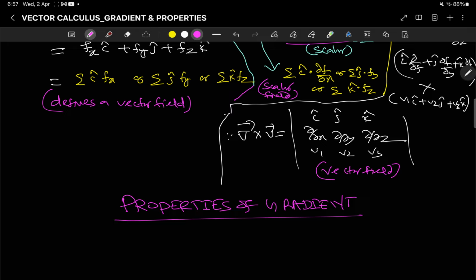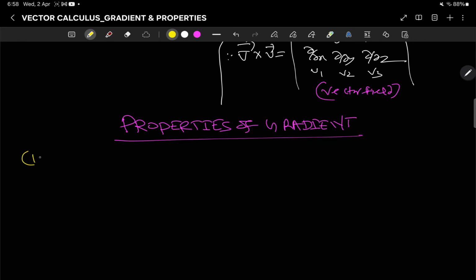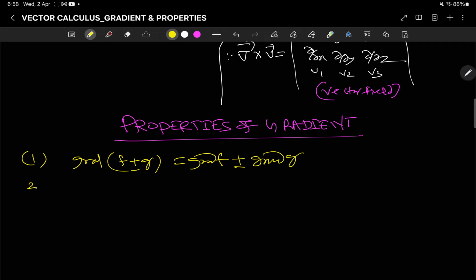Since this gradient here is f_x i plus f_y j plus f_z k, the properties will work in line with the properties of the derivatives. The properties are as follows. Grad of f plus g is grad f plus grad g, and likewise for minus, in line with the properties of the derivative.